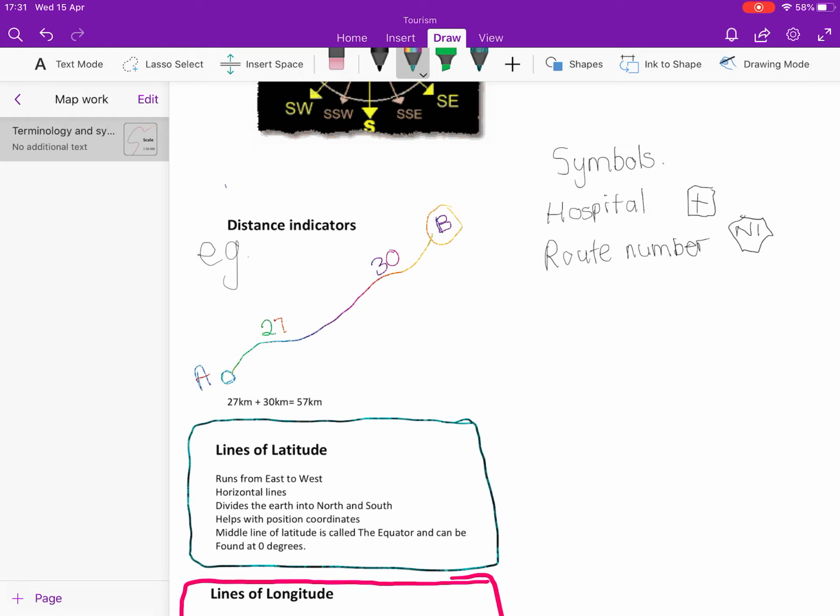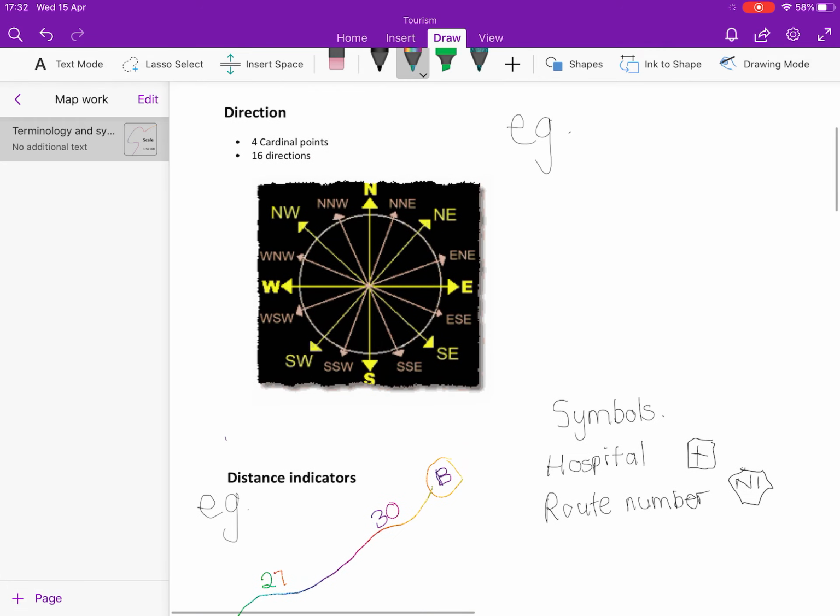The numbers given on this line are always given in kilometers. So all you're going to do is simply take 27 plus 30 equals 57 kilometers. So to get from point A to point B would be 57 kilometers. Simple, hey? All right.